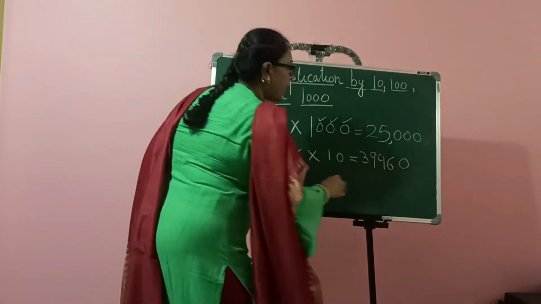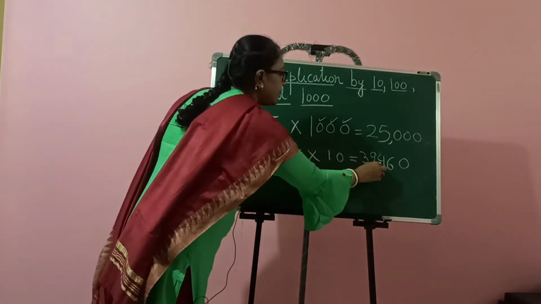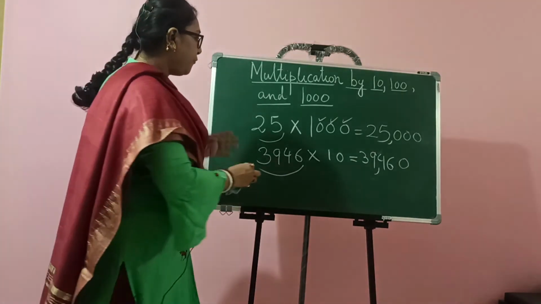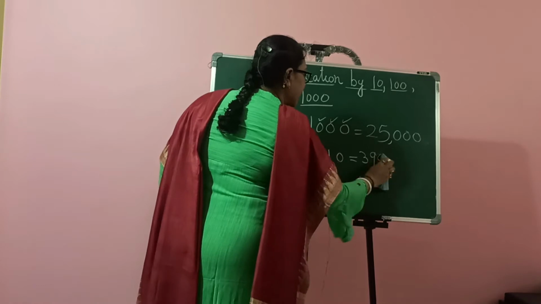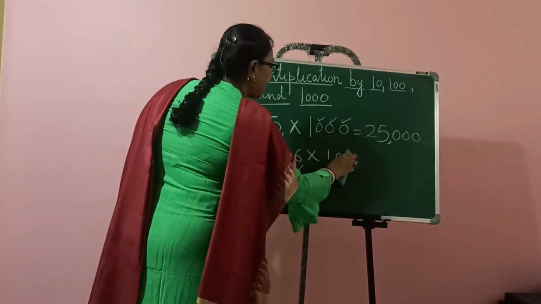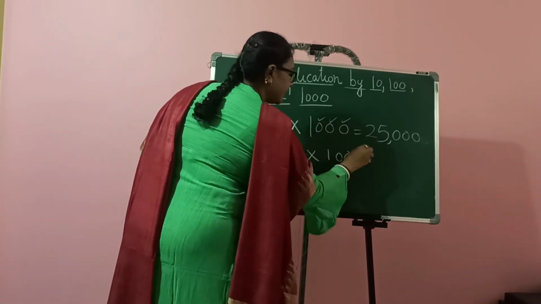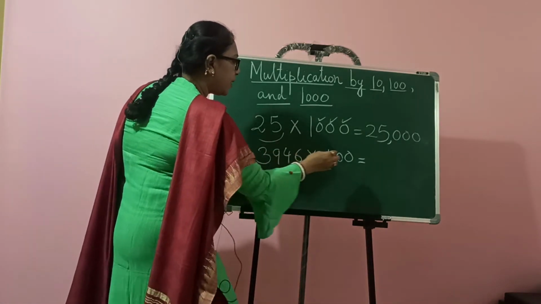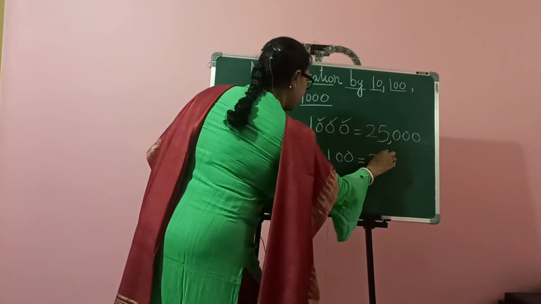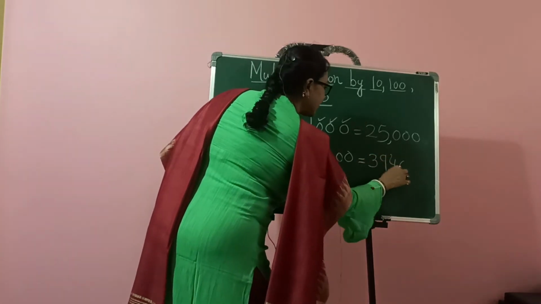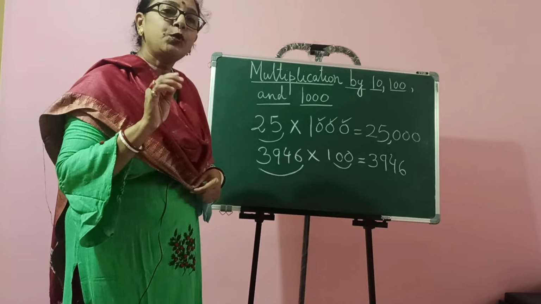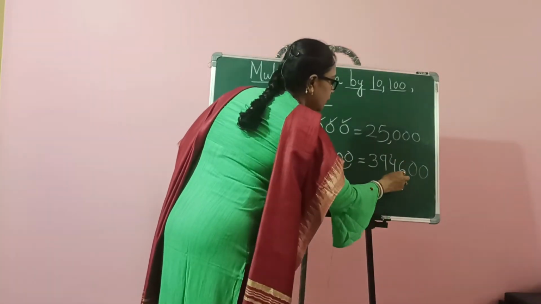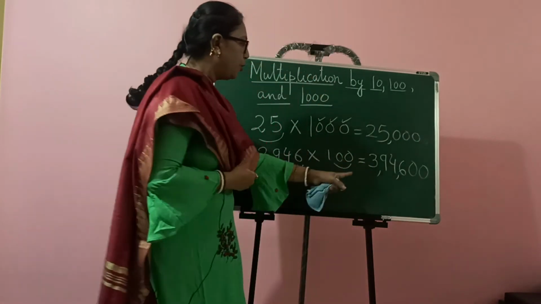If I write a 0 at right, this becomes 39,460. In the same way, if I multiply the same number by 100, I just write the non-zero number, which is 3,946, and write just 2 zeros at the end. 0, 0. So our answer is 3,94,600.